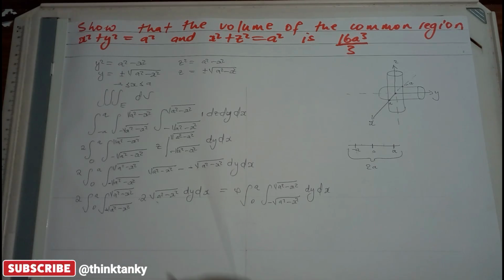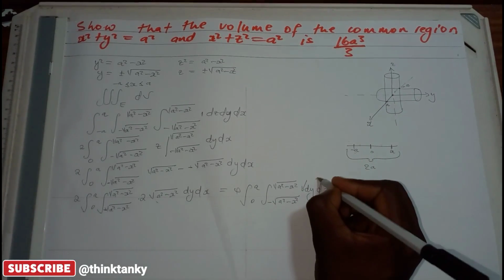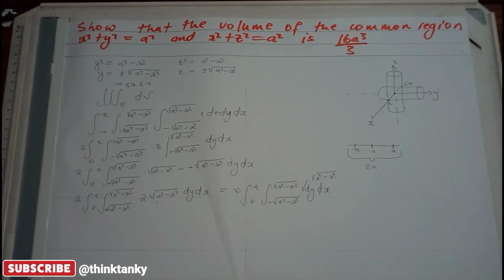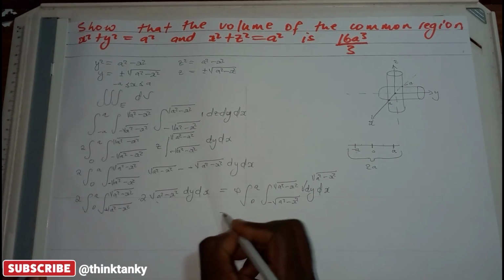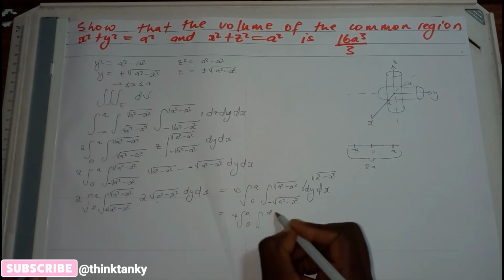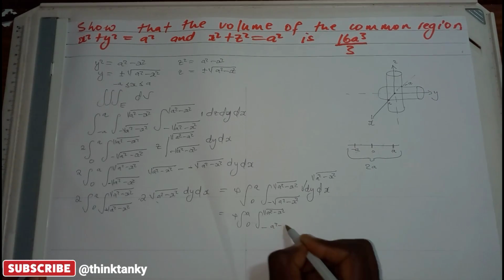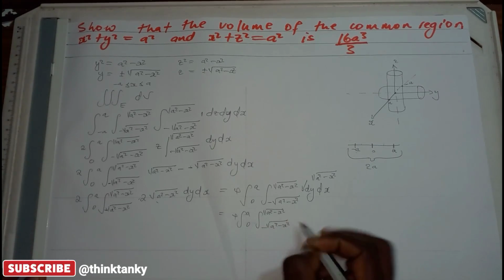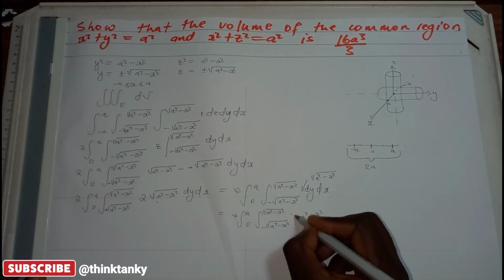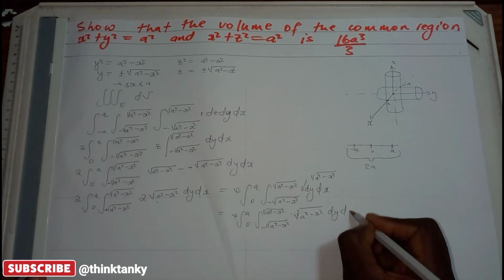Okay, I've forgotten the expression here, so let me rewrite it here: 4 times the integral from 0 to a of the integral from negative square root of a squared minus x squared to square root of a squared minus x squared of the square root of a squared minus x squared dy dx.